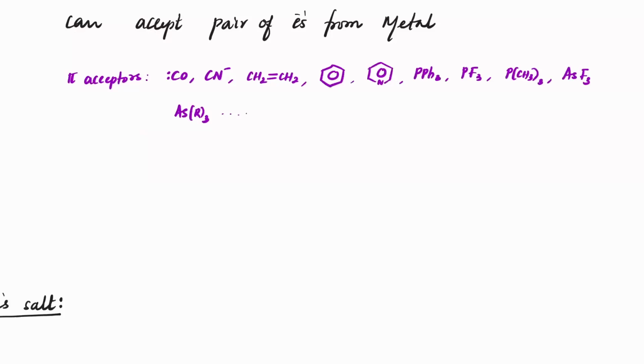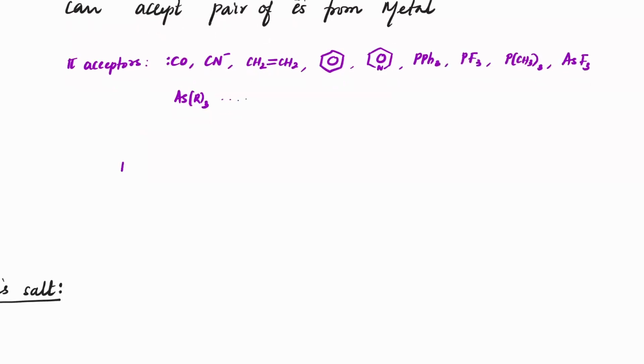Now, structure-wise, if you notice, we have a metal. Imagine in a lot of cases, the metal's d orbital might also have a pair of electrons. On one end, it is making a sigma bond with the ligand like this, and the ligand has an empty orbital here, so this is an empty pi star orbital.